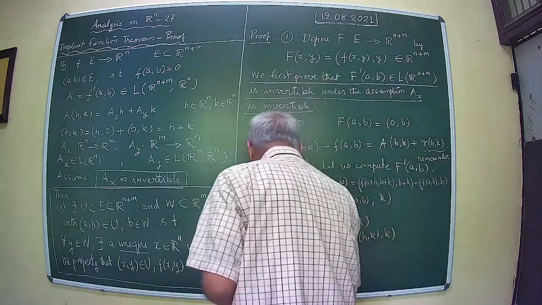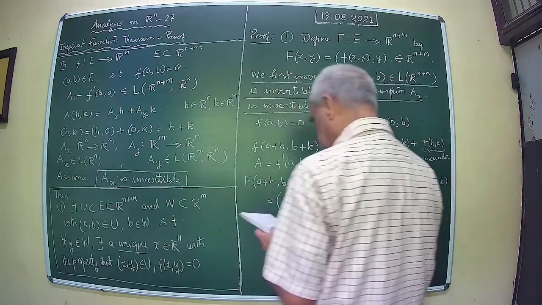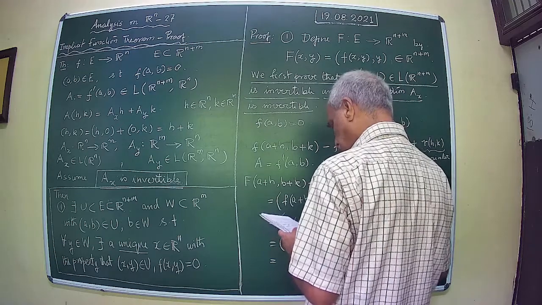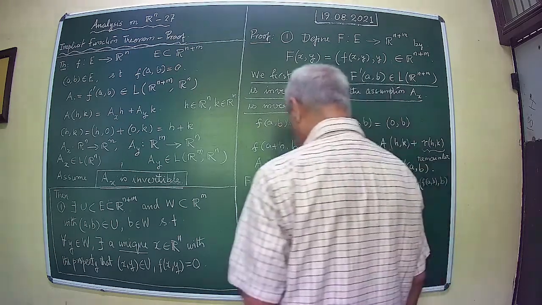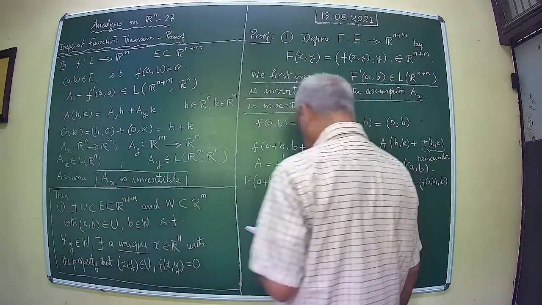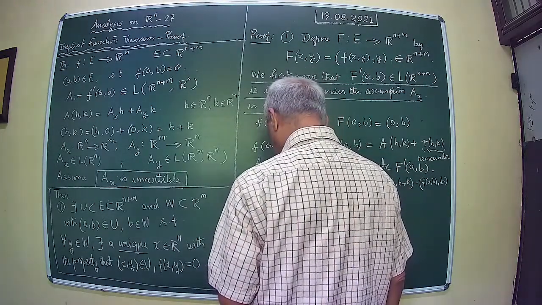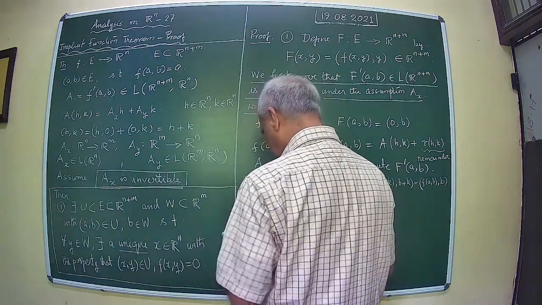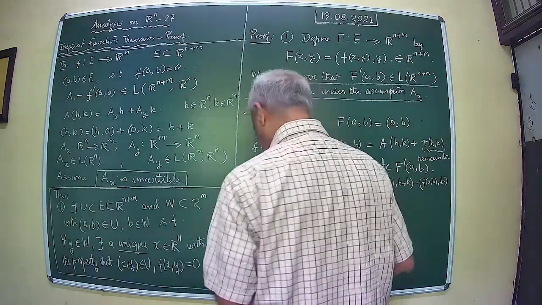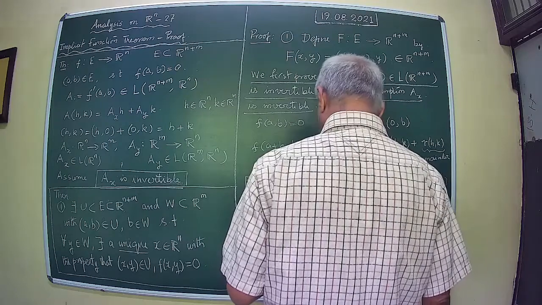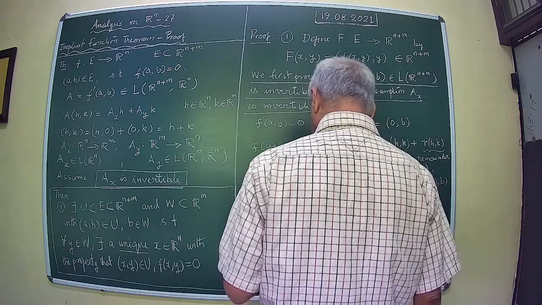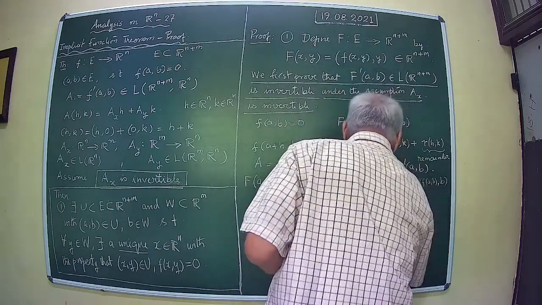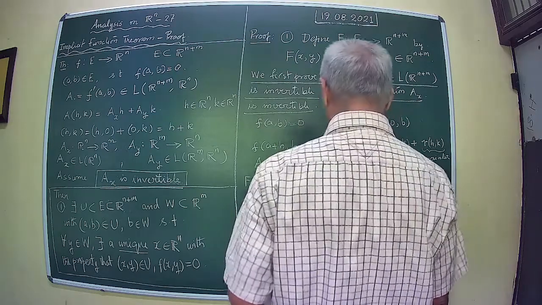Therefore you see that the derivative turns out to be simply this one. Sorry, this is 0. Right. Okay.